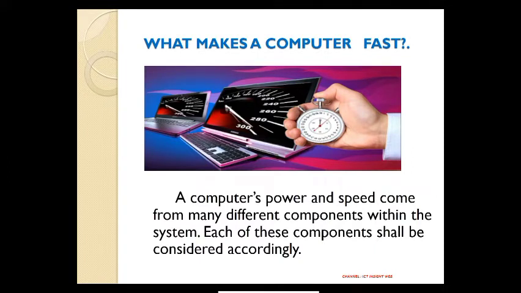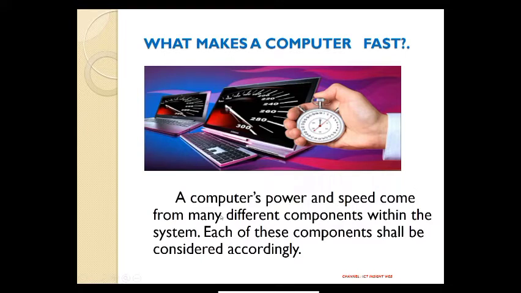What are the causes? Why is a computer fast and another is slow? Today we are going to be looking at those factors that could cause your computer to be fast or slow in this PowerPoint slide of a video.